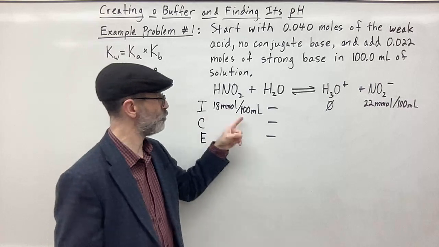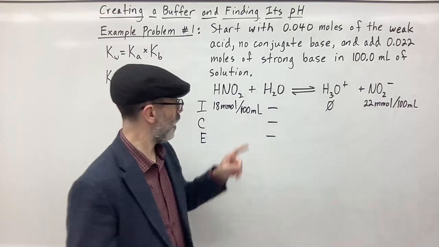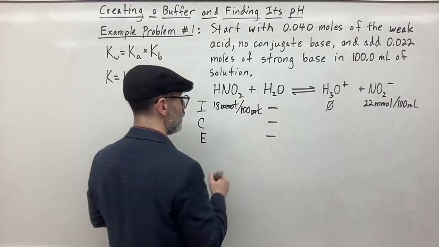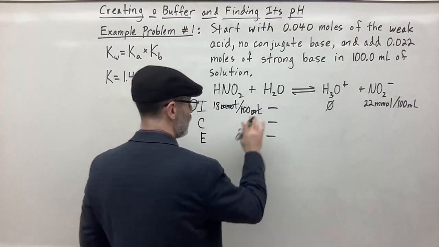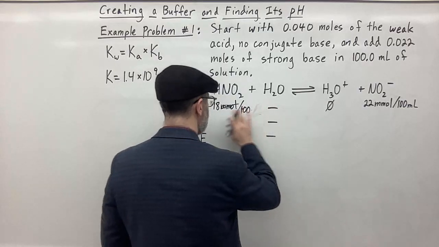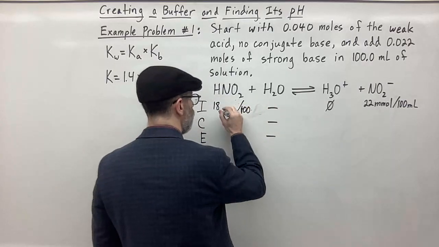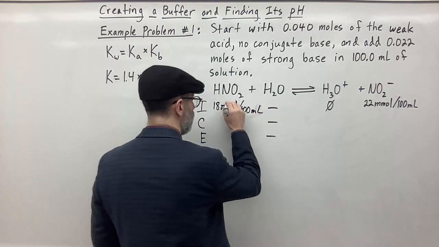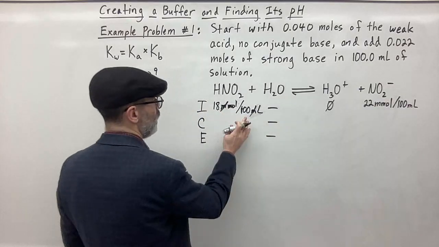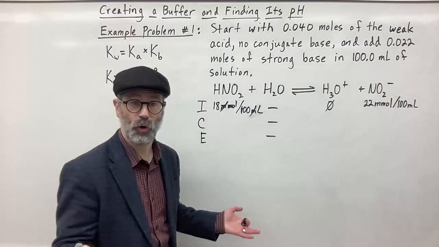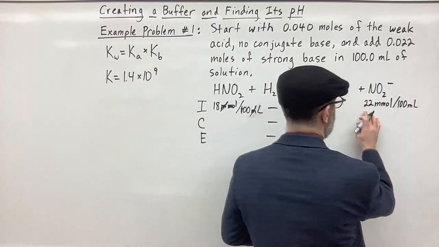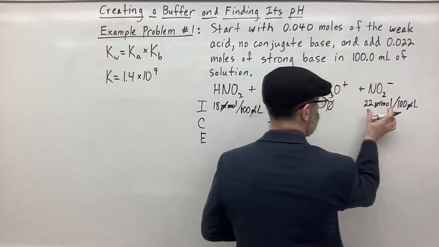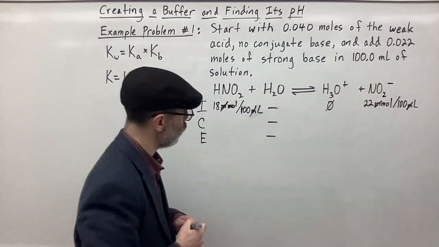The milli is going to cancel out, so you get moles per liter, and you get your molarity. Same thing here, 22 millimoles: milli cancels with milli, so moles over liters, and you get your concentration.